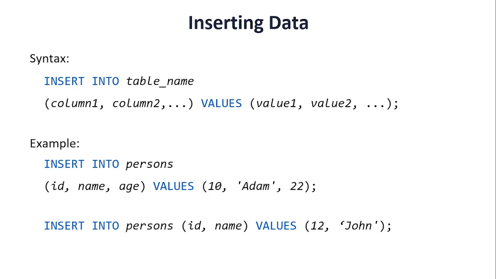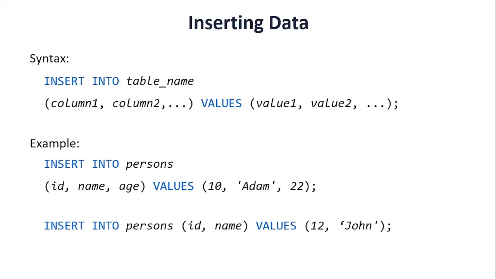That should be in the exact same order. That means value 1 would be inserted into column 1, and value 2 would go to column 2. We have to make sure that whatever order we mention the columns in, should be the same for values as well. Otherwise, we will end up with wrong values in the wrong column.